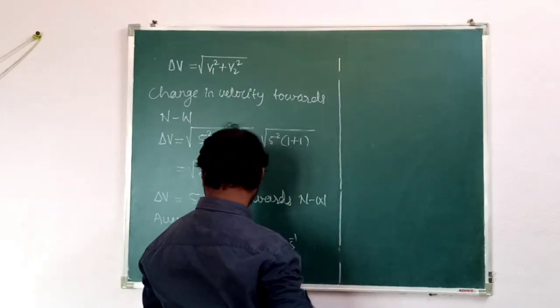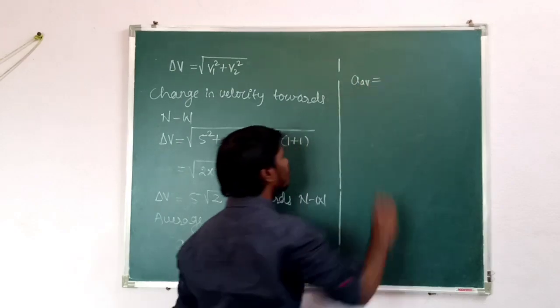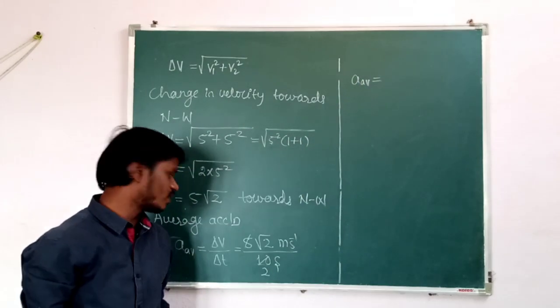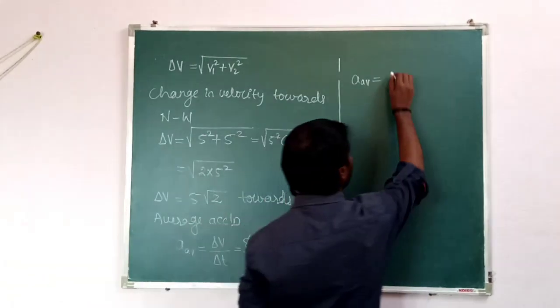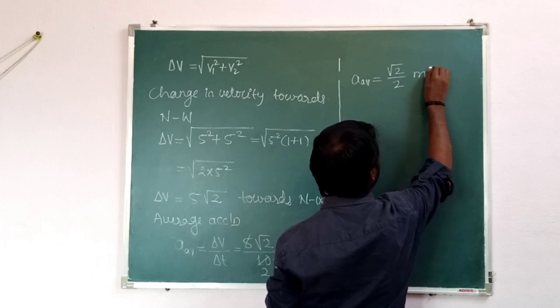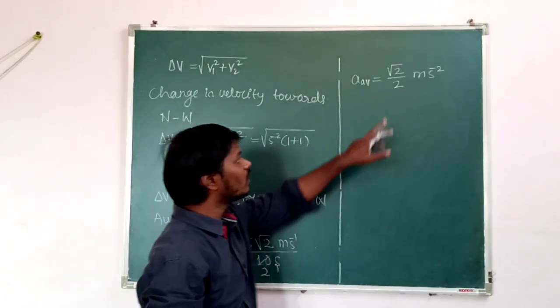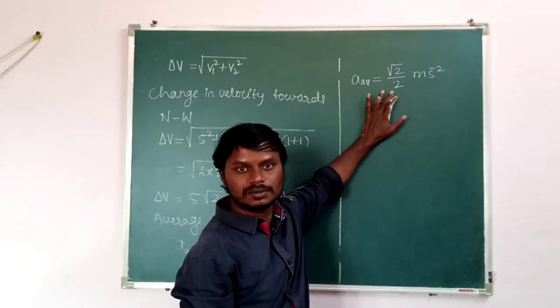See here, I will write the magnitude of average acceleration is equal to root 2 by 2 meter per second square. So again I will modify this one. So 2 can be written as root 2 into root 2.